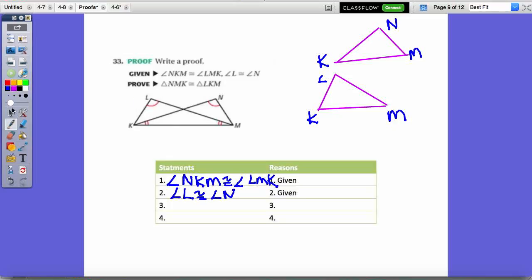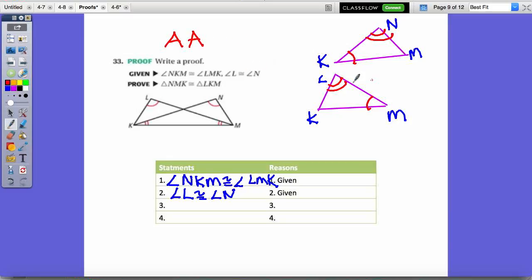Now, even though they have these congruent markings, I'm going to go ahead and now mark them on the figures I've drawn. It helps me understand what's going on here. So NKM is congruent to LMK. Angle L is congruent to angle N. I have two angles.